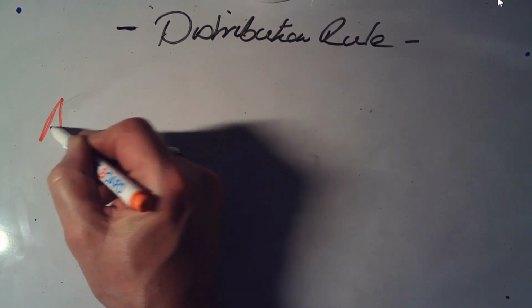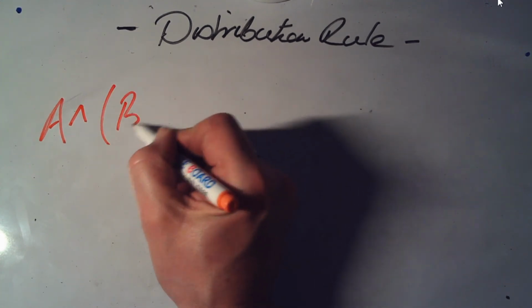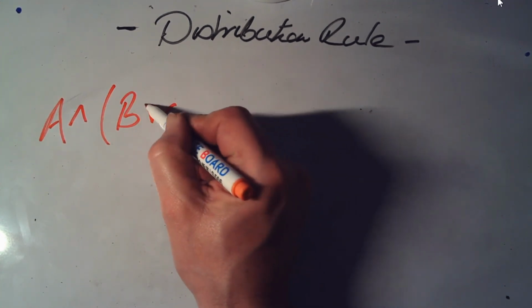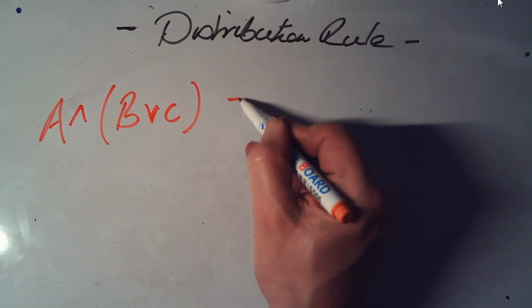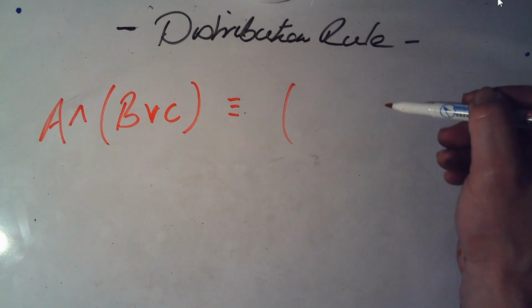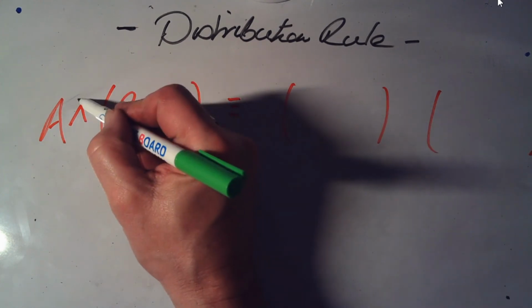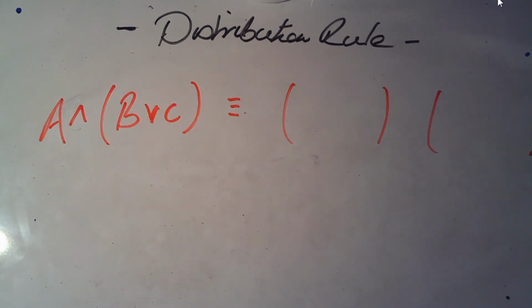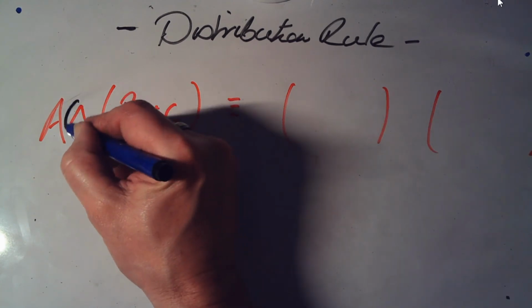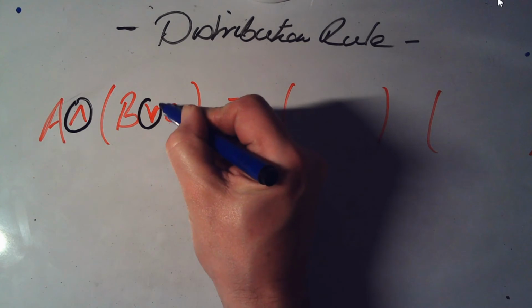We have A, and then we've got B or C. We're looking to create an alternative expression where we're going to have two sets of brackets, just like we saw with the maths example earlier. The distribution rule only works if this operator here is opposite to this operator here.